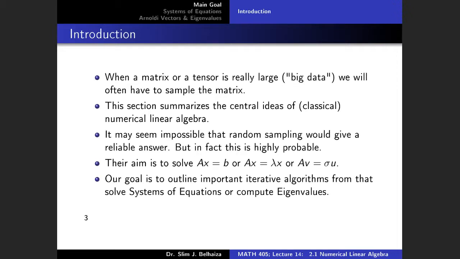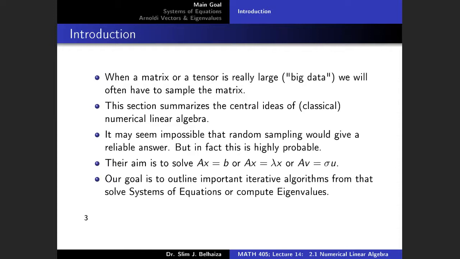So we said when a matrix or a tensor is really large, or big data, we will often have to sample the matrix. In fact, in this section, we summarize the central ideas of numerical linear algebra. We don't claim that we cover all the ideas. It may seem impossible, for example, that random sampling would give a reliable answer, but in fact it does.